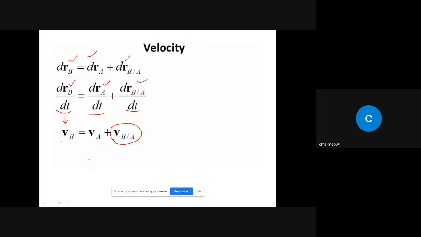we will be having VB is equal to VA. This means if the object moves in a straight line, those 2 points, A and B, will have the same velocity. So this portion is basically showing translation.